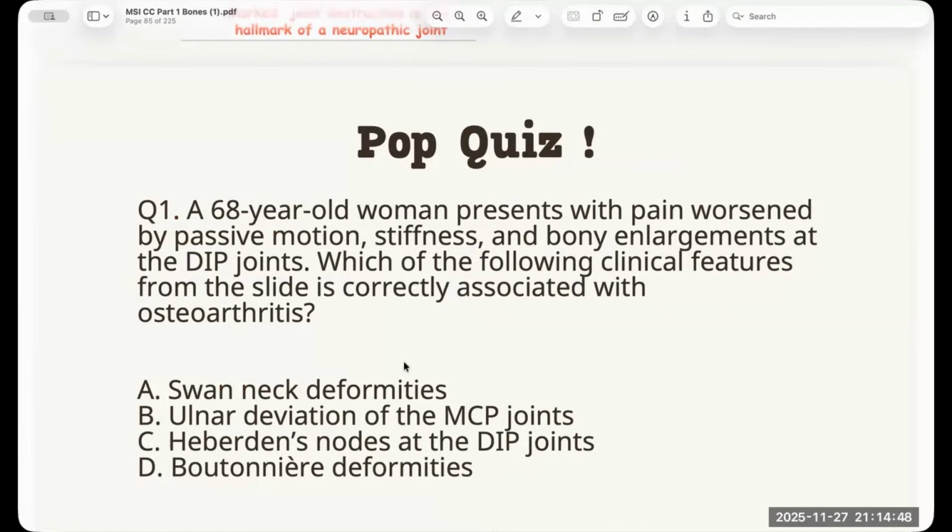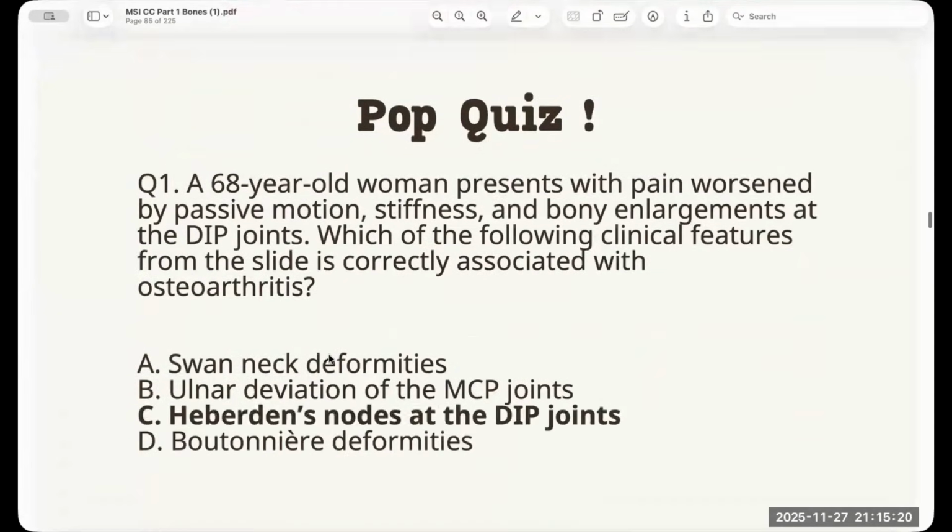A 68-year-old woman presents with pain worse on passive motion and bony enlargements at the distal interphalangeal joints. Which of the following clinical features from the slide is correctly associated with osteoarthritis? Pause and think. So, pain worsened by passive motion, stiffness, and bony enlargement. What is a clinical feature that would show?